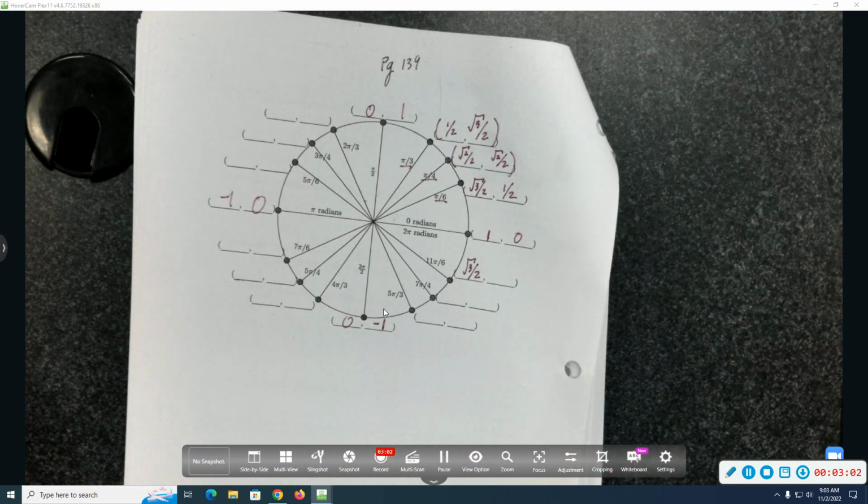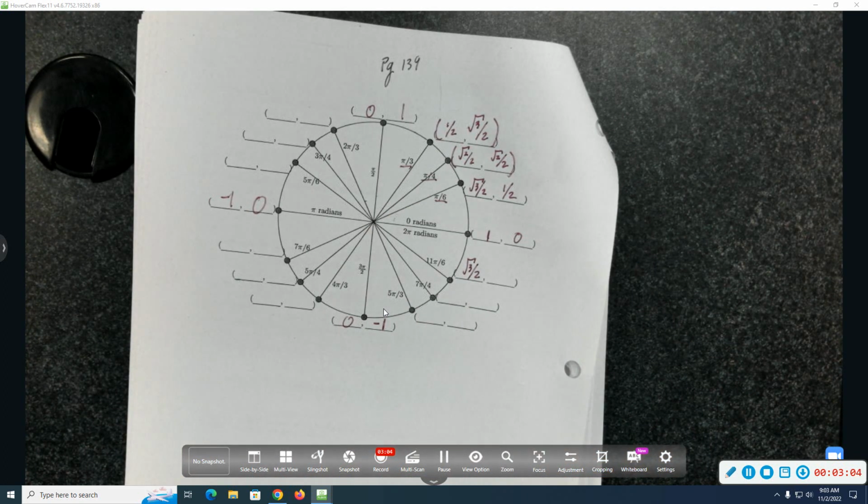Let's go over to sine and fill in the same two rows. Does adding 2 pi k do anything to sine? It does not. So when you make an angle negative, what does that do to sine?